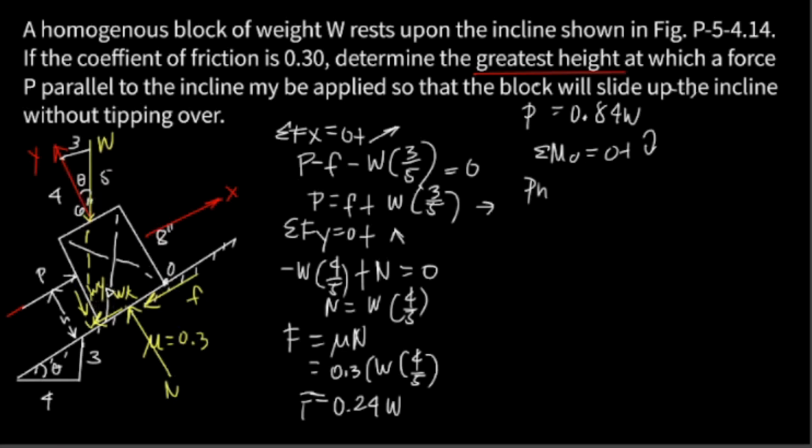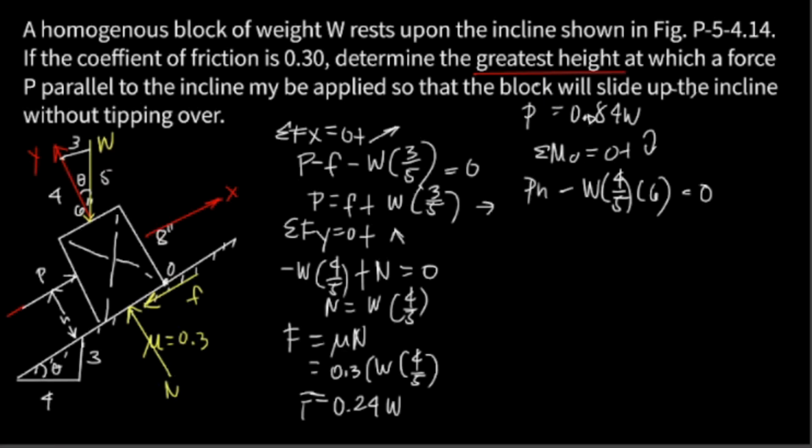So, the Y component of W times 6. The Y component is W times 4 over 5, times 6. It goes counterclockwise, therefore negative, and the sum is equal to 0.